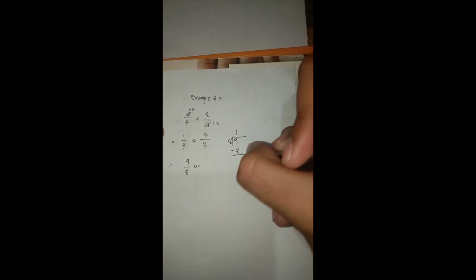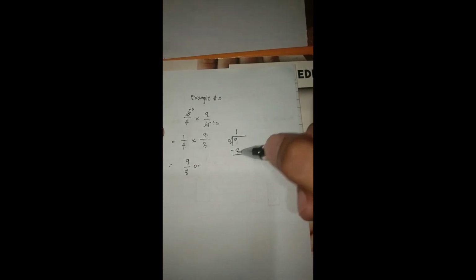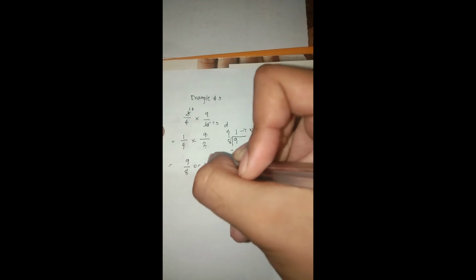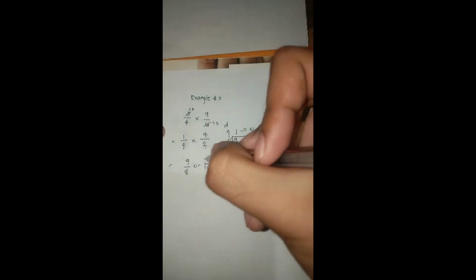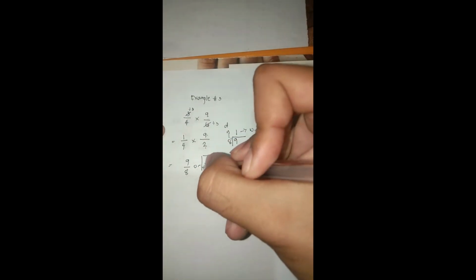So subtract 9 minus 8, we have here 1. So ito yung ating whole number. Ito yung numerator. And ito yung denominator. So yan. So therefore, our final answer is 1 and 1 over 8. So yan yung ating final answer. So napakadali lang, multiplication of fraction.